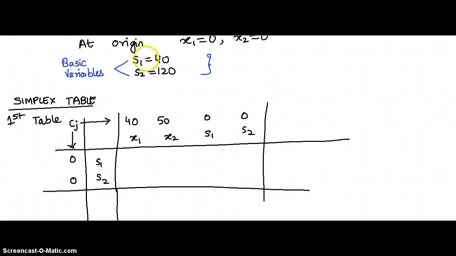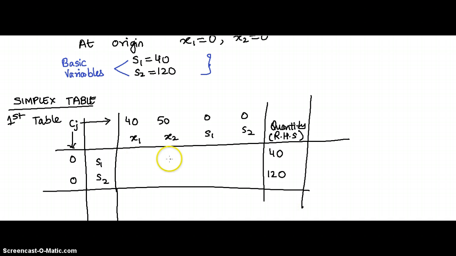So we will write this value 40 and 120 under the column quantity, which we can also denote by RHS, that is, right hand side of the equation. So for s1 it is 40, for s2 it is 120, that we will write here.